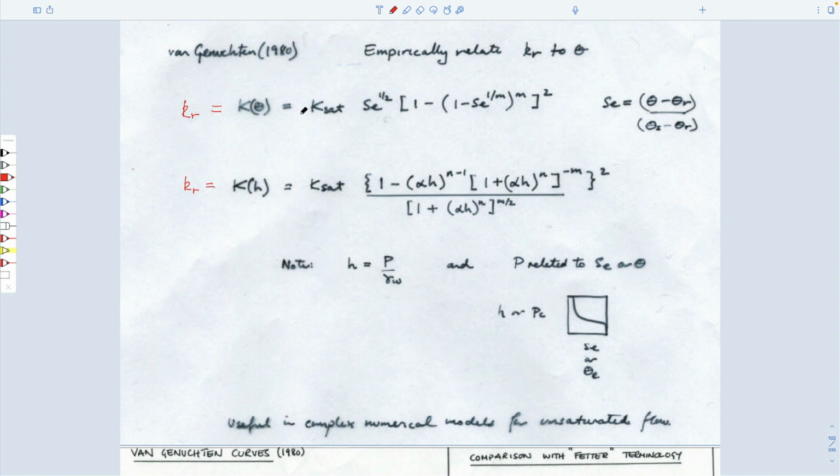So this is the saturated hydraulic conductivity, right? So the saturated hydraulic conductivity is just the hydraulic conductivity. If it's 100% saturated with water, it would be a different hydraulic conductivity. I guess if it wasn't water, it wouldn't be hydraulic conductivity.